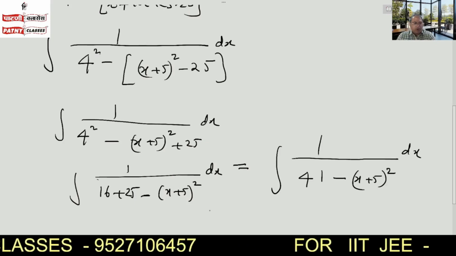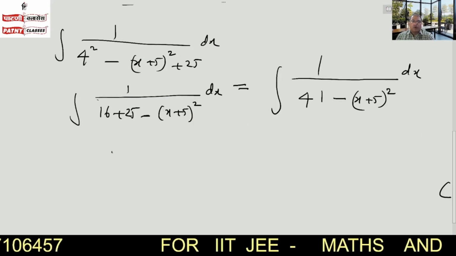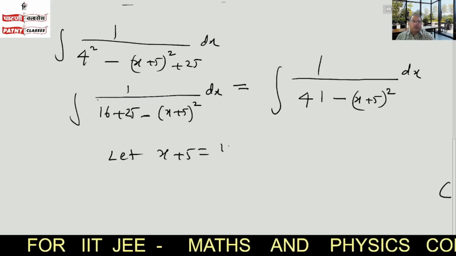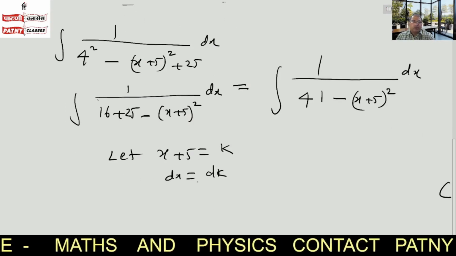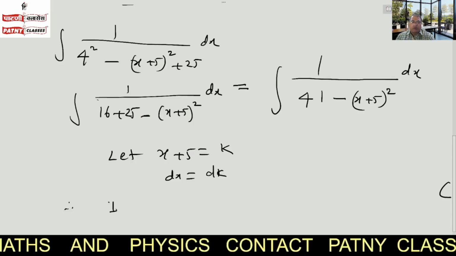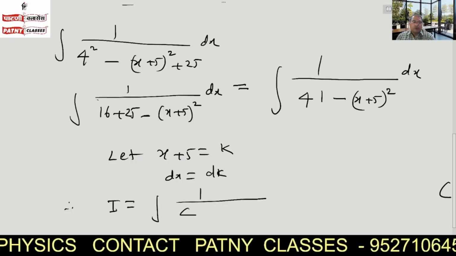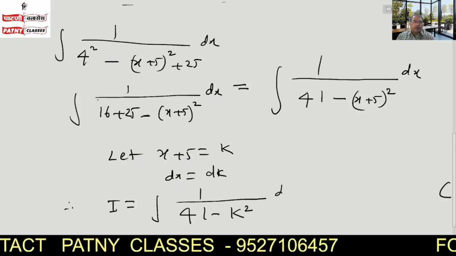Now after this it is not in the standard form. To convert into the standard form, let x plus 5 equals to k, then dx equals to dk. Therefore I equals to integration 1 upon 41 minus k square dk.